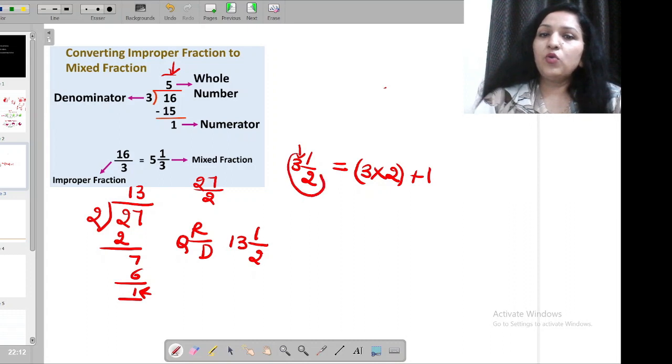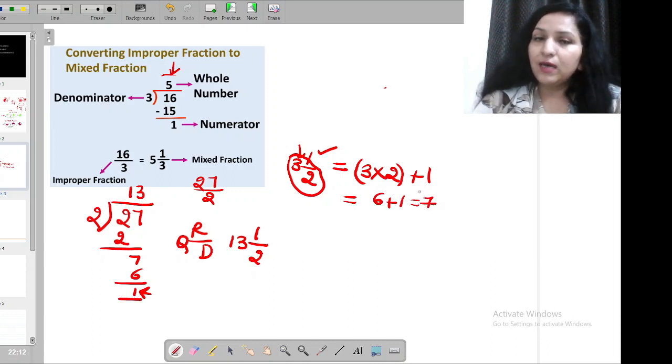First we will multiply these two. After multiplying, you have to add this number. So 3 multiplied by 2 is 6, plus 1. Answer is 7. This is now your numerator. Whatever number was there in the denominator will remain the same. So 3 whole 1 by 2 is converted to 7 upon 2.